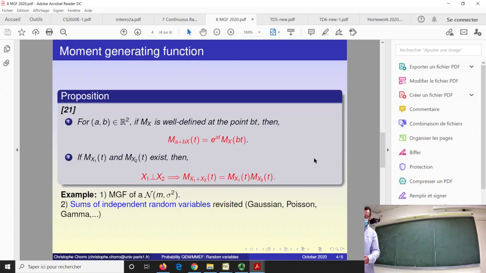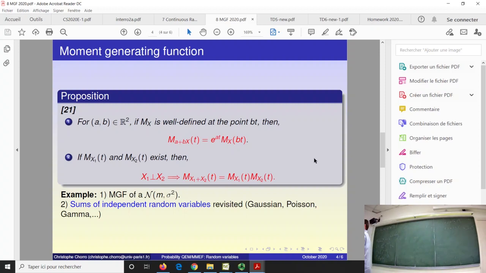By the use of this one, maybe if I come back to the Gaussian distribution, I know that if x follows the N(m, sigma squared), I can write it the following way. Something we have seen together.